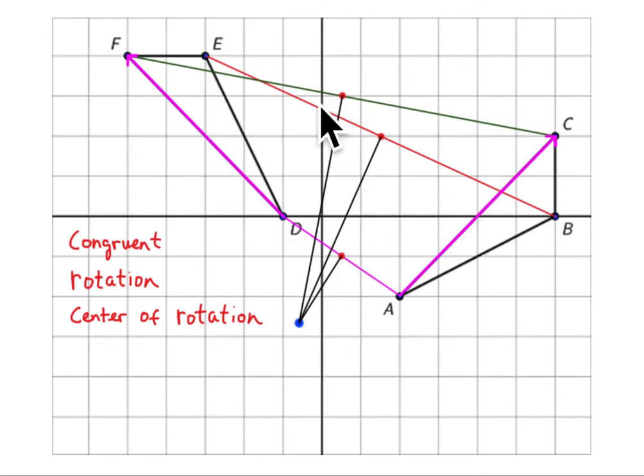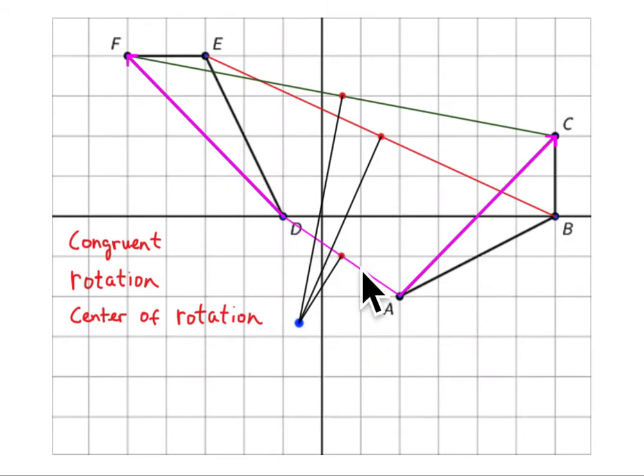So I showed that here. For FC or CF, the midpoint is right here, and a perpendicular line goes to this point right here. B to E, the midpoint is right here, a perpendicular line. So you're drawing a line at a right angle, which is perpendicular, goes in this direction and intersects at the same point.